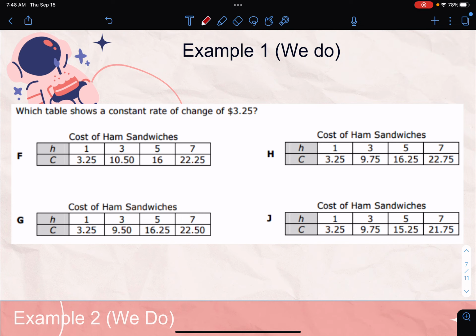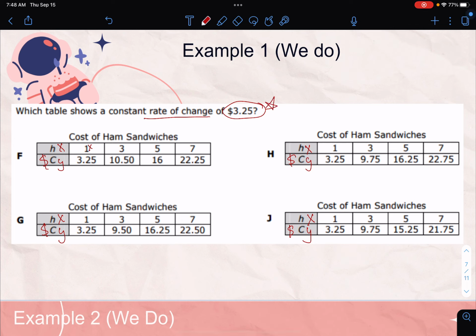Example 1, which table shows the constant rate of change of 325? So this is just like what we did with the bear. We have money is always going to be my y. So the cost is my y. So my other one has to be my x. So I multiply the x by this number right here.